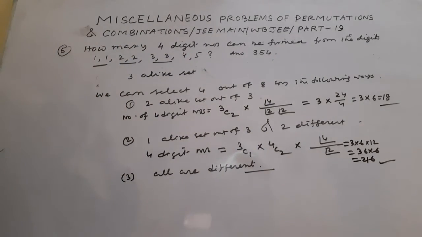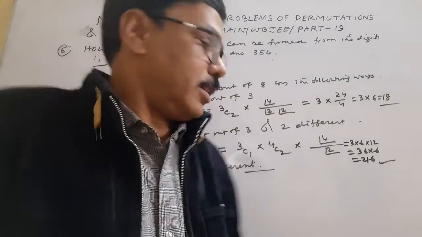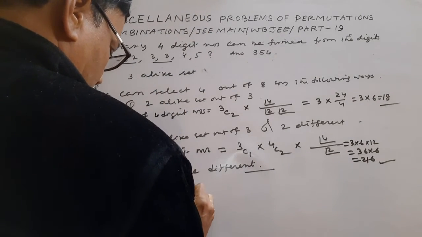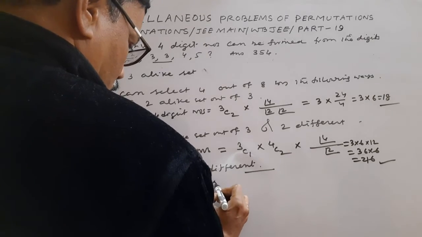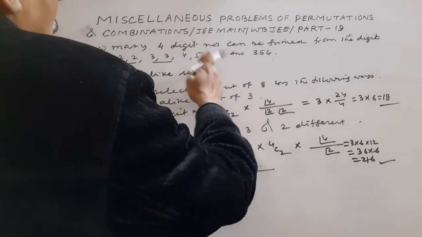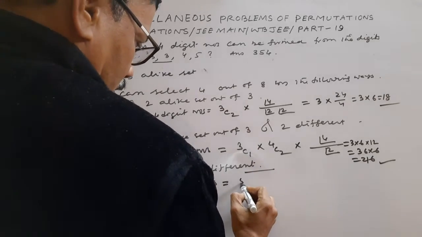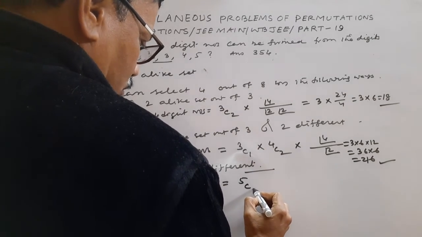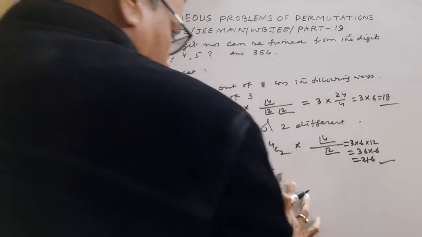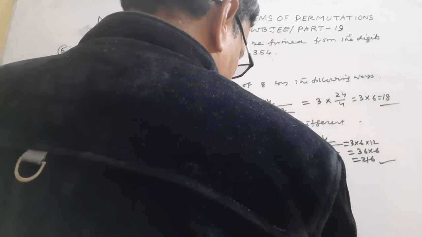216. And number 3, all are different. So 4-digit number, 1, 2, 3, 4, 5, 5 numbers. So out of 5 you have to select 4 into factorial 4.